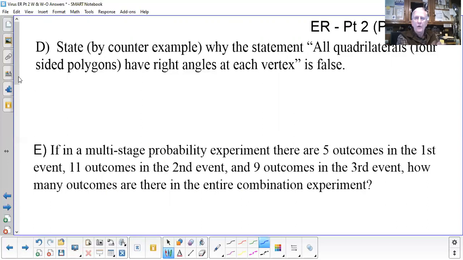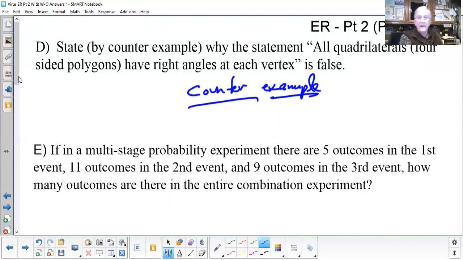Are all 4-sided polygons filled with 4 right angles? To show that this is a false statement, all you have to do is come up with one counterexample. What would be a counterexample that would kill off this law?